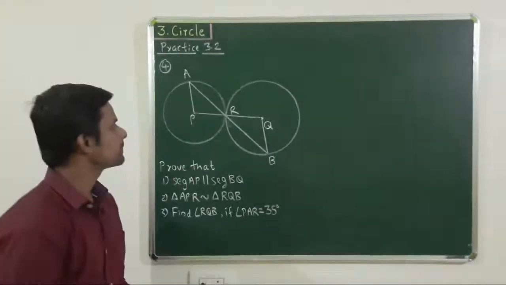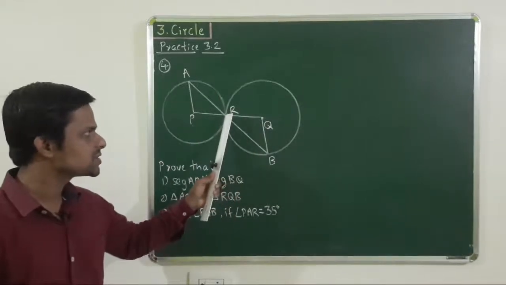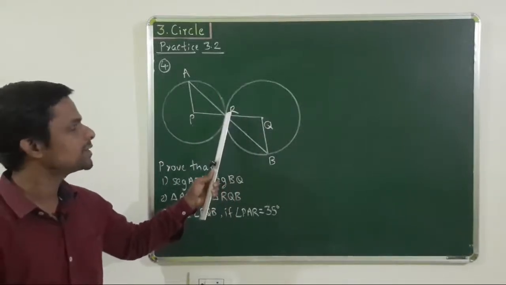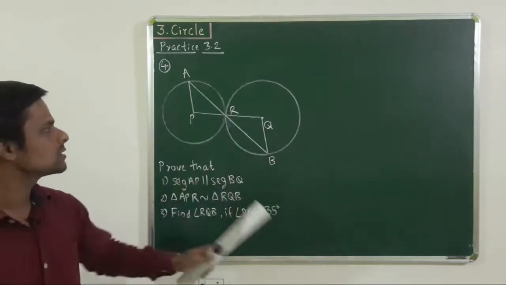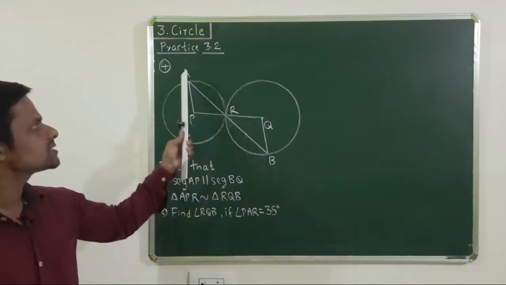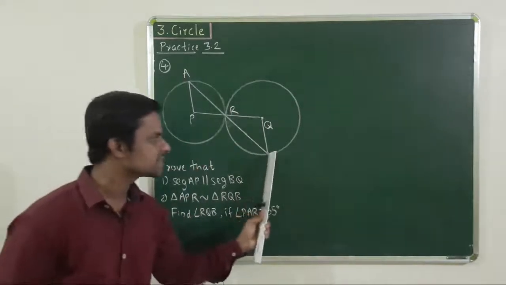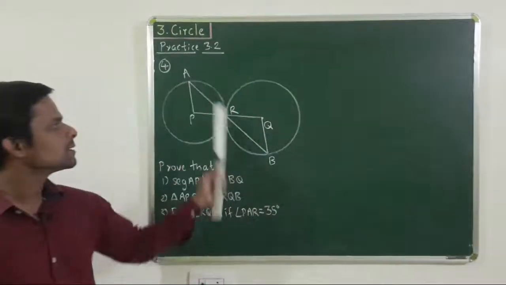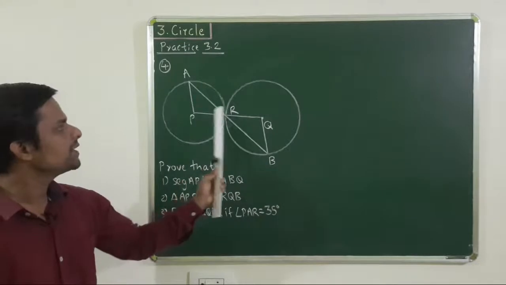Observe this diagram. There are two circles with centers P and Q that touch each other externally at point R. This point R is the common point of contact, and one line passes through R, which intersects the first circle at point A and the second circle at point B. This is line ARB, and PRQ.